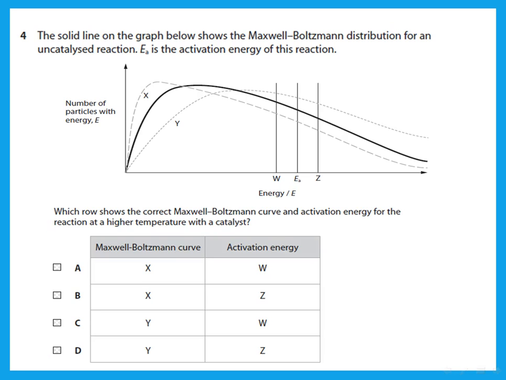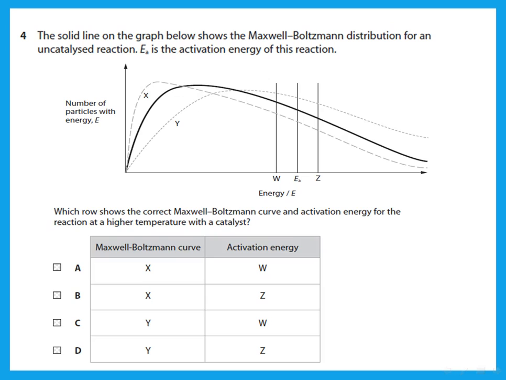Okay. The solid line on the graph below shows the Maxwell-Boltzmann distribution for an uncatalyzed reaction. EA is the activation energy when there is no catalyst. So which row shows the correct Maxwell-Boltzmann curve and activation energy for a reaction at higher temperature and with a catalyst?